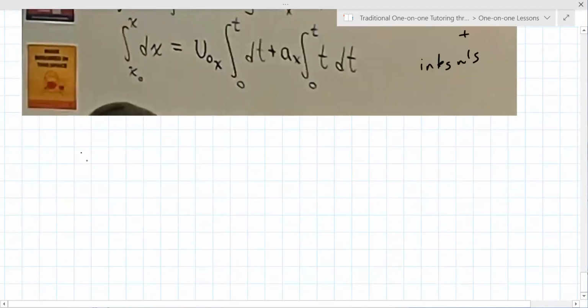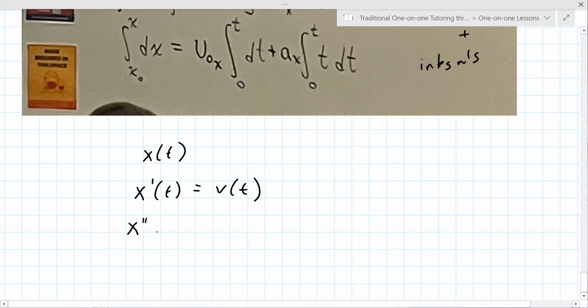You start with x of t. The derivative of x of t is v of t. So the derivative of position is velocity.